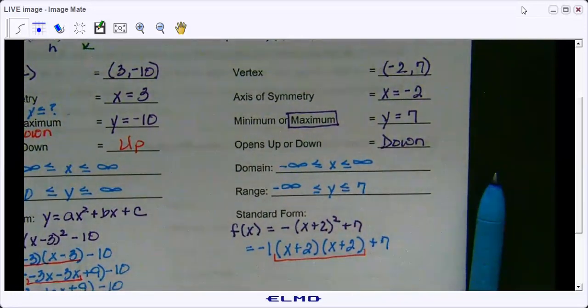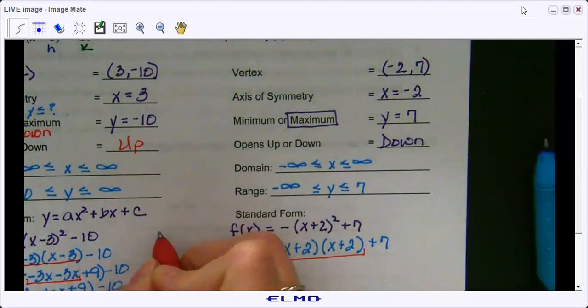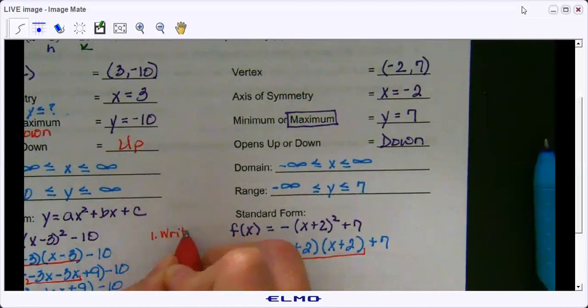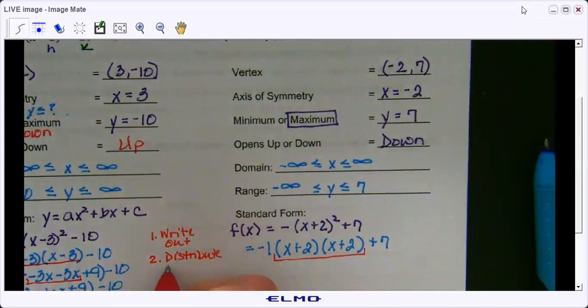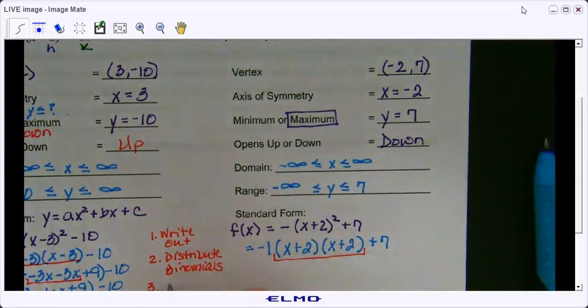And if you want to jot these notes down, the first thing is you're going to write it out. So 1, write out. 2, you're going to distribute binomials. 3, you're going to multiply by coefficient.